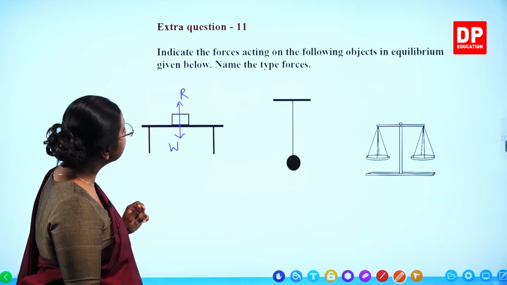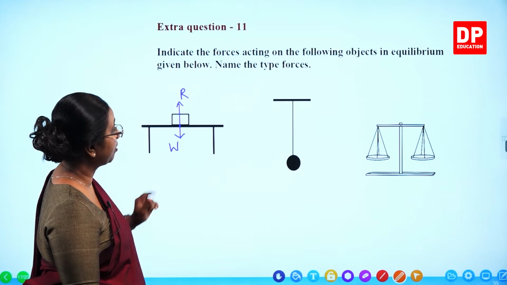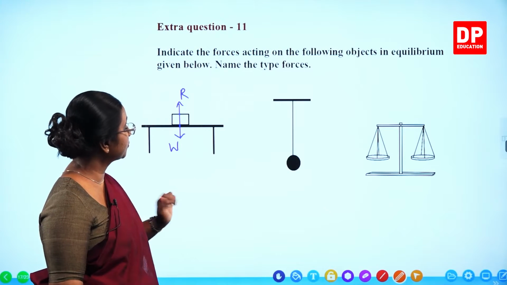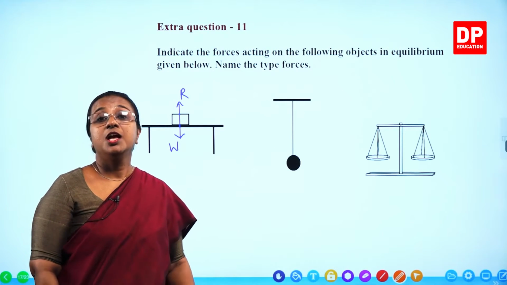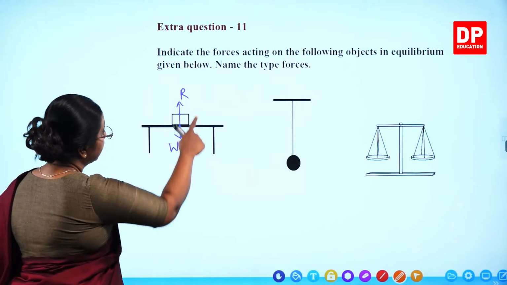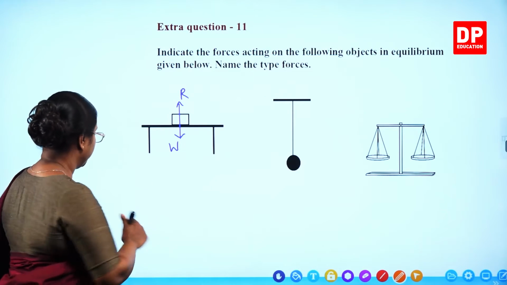So here we have indicated the forces. What are these two? Two collinear forces acting in the opposite direction. That is the type of forces.